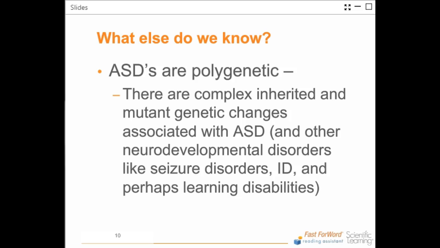So, just summarizing this then, autism spectrum disorders are neurodevelopmental problems, but they're also polygenetic. And what that means is there's a complex mix of inherited genes that run in families, that we all probably have a few of, that would predispose a child to having communication issues or attentional issues or perhaps metabolic issues.